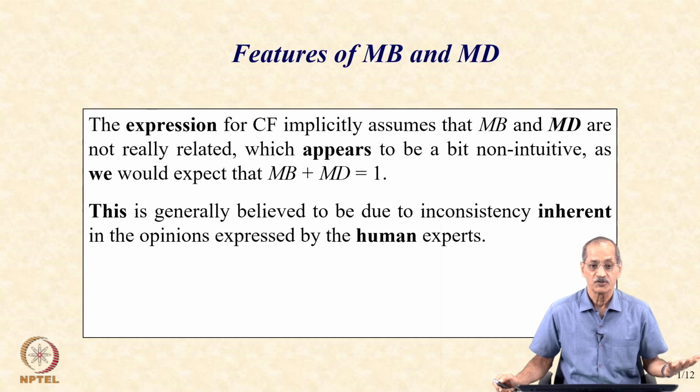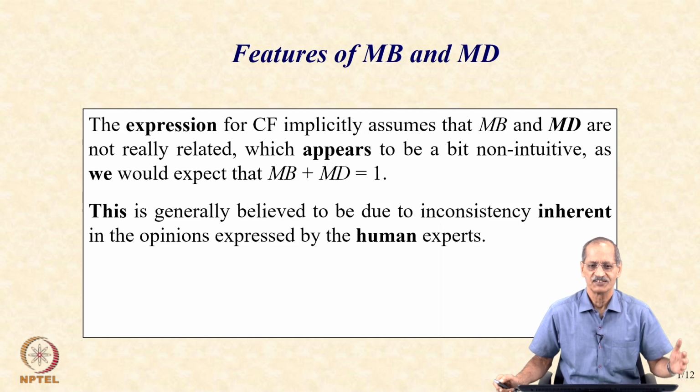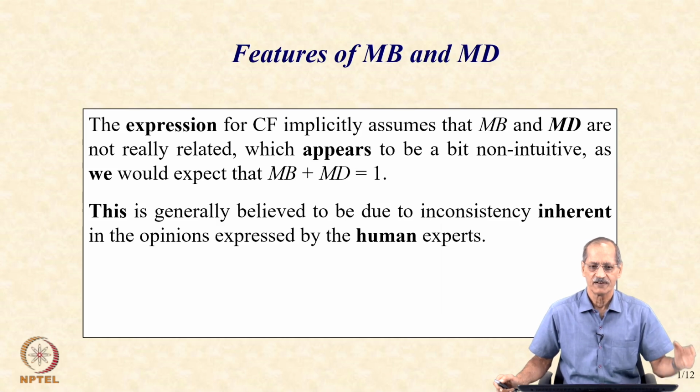Now, the problem is why it does not happen. For example, the case that I cited in the last segment, I said that MB was 0.85 and MD was only 0.1, which means if I add the two, they go only up to 0.95, they do not go to 1.